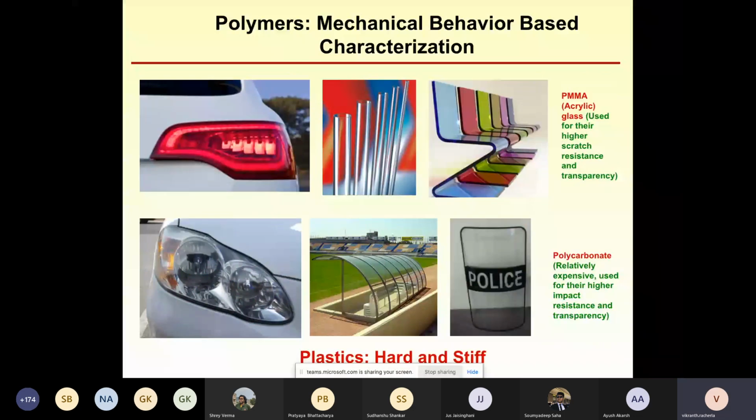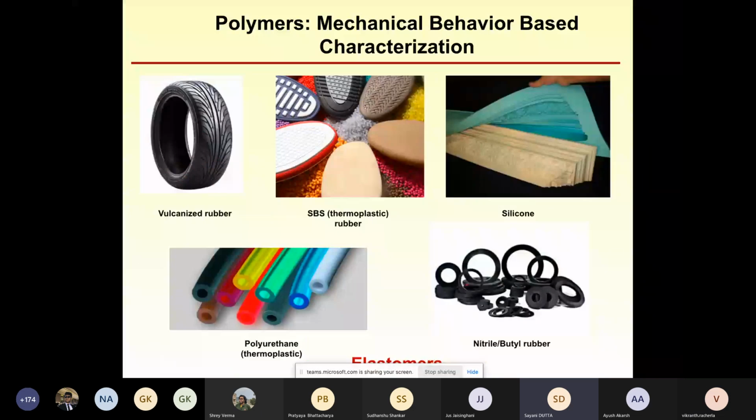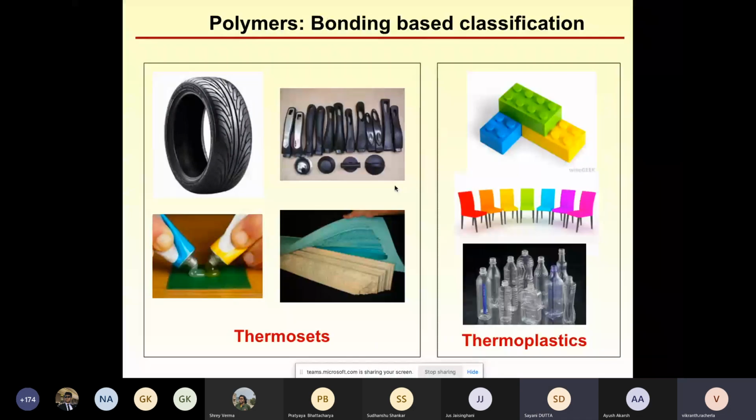Now, yeah, I have a confusion. Like you said that silicone can be in the category of thermoset, and again, thermosets are not that elastic. No, no, no, I didn't say that. I said amongst thermosets you have some varieties which are hard, like bakelite and epoxy, and some which are stretchy, like vulcanized rubber and silicone.